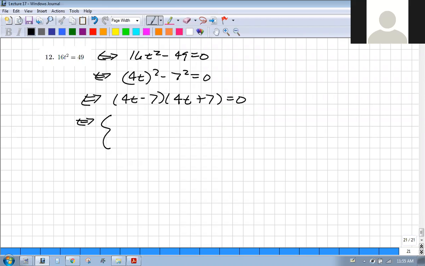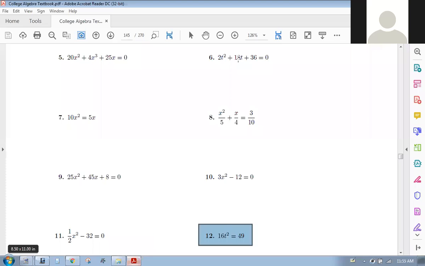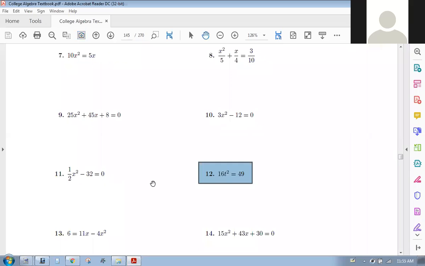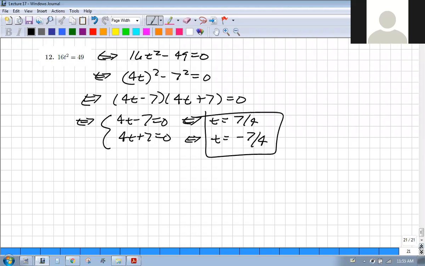So either 4t minus 7 is 0 or 4t plus 7 is 0. This one says that t would be 7/4. It says that t is -7/4. Those are our two solutions. Do a couple more here.